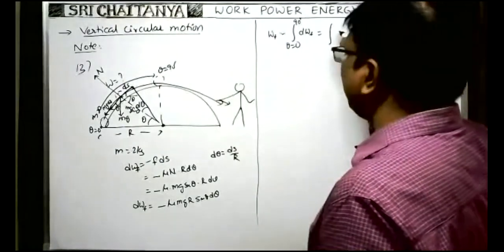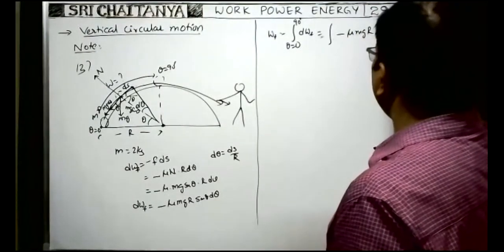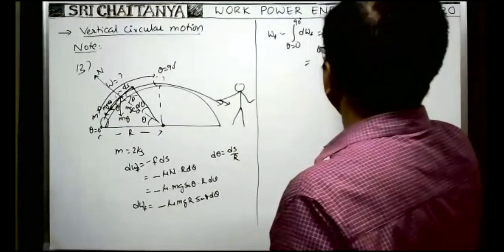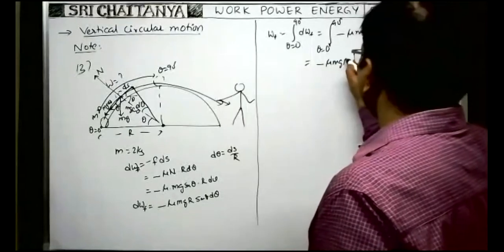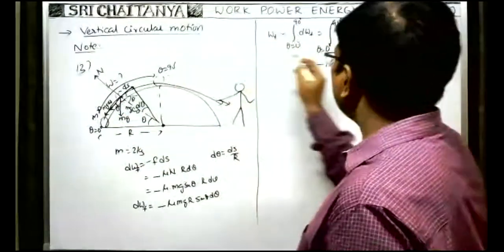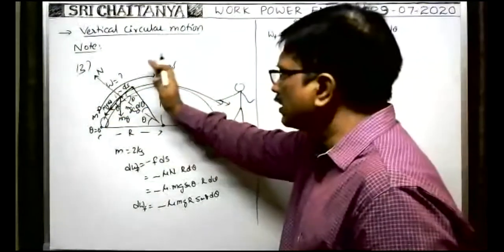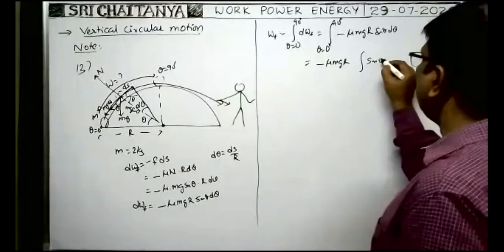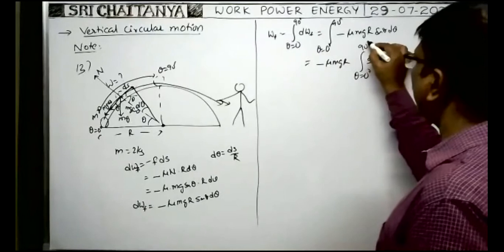That is equal to the integral of minus mu mg r sin theta d theta, theta from 0 to 90 degrees. So minus mu mg r are constant, because even as you move the body like this, these parameters do not change. Only the angle will change. That's why the integral of sin theta d theta, with limits theta equal to 0 degrees to 90 degrees.